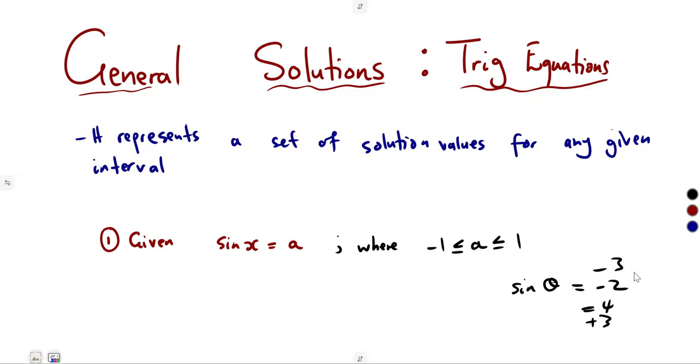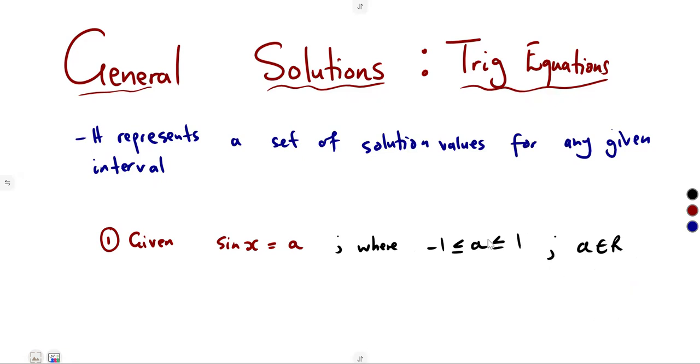We cannot have such because the number a must be within -1 and 1. And that a being a real number.